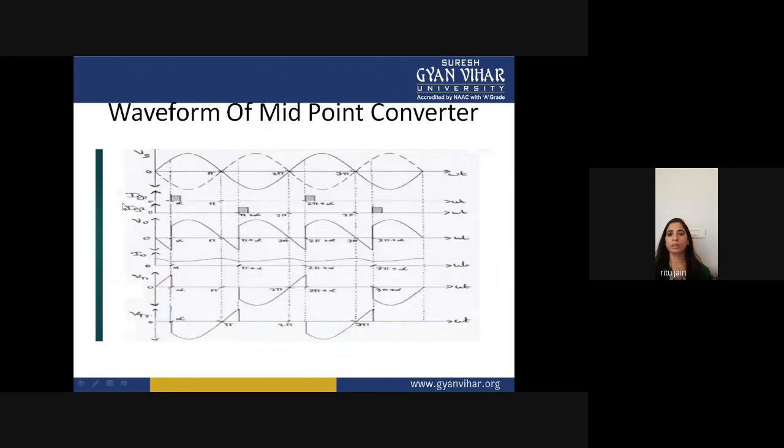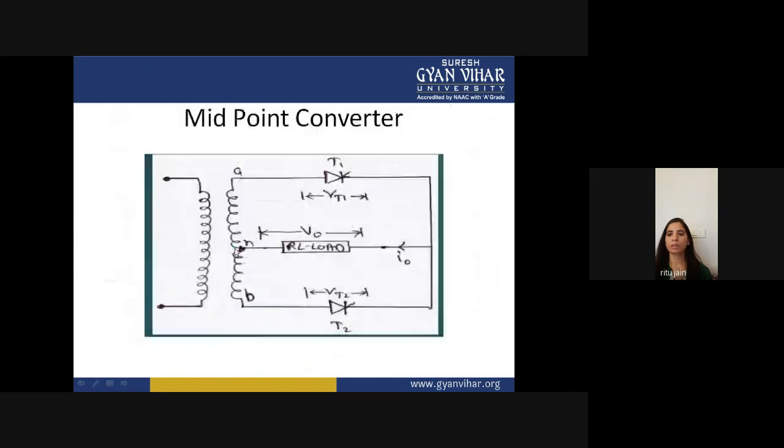So you can see in the diagram at point alpha, you are triggering this SCR T1 and it will start to conduct. So it will conduct from alpha to pi. But you are getting the output voltage even after pi. Why is it happening? You can see in the diagram the load is inductive.